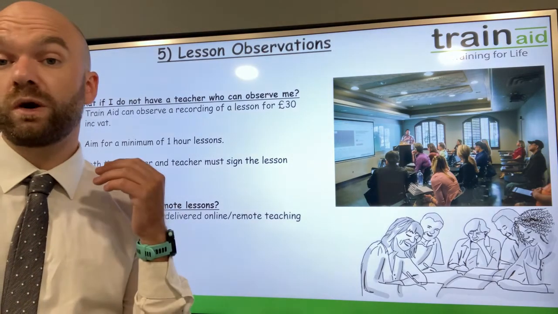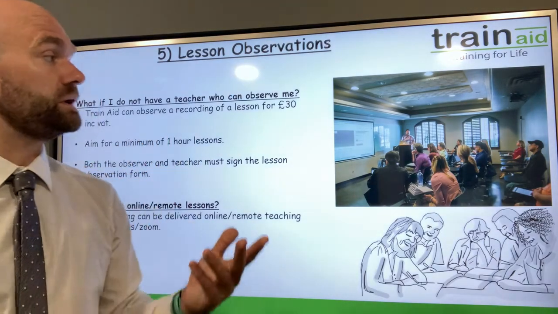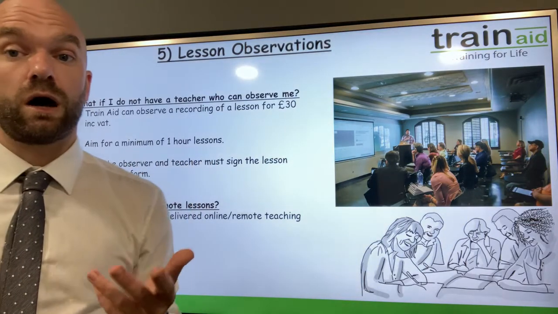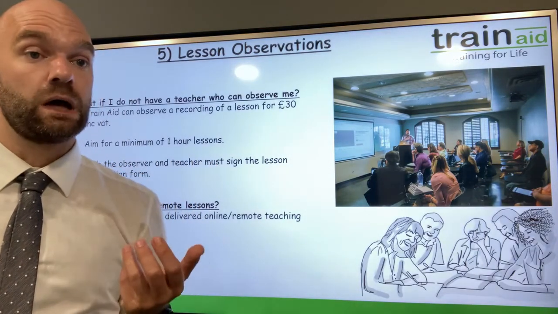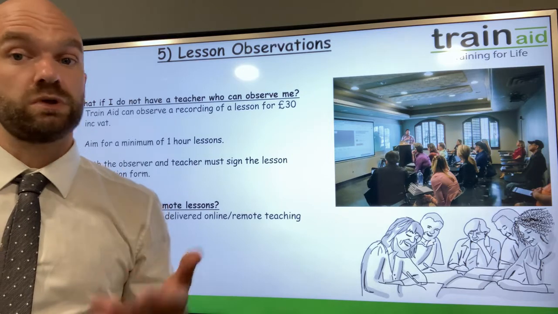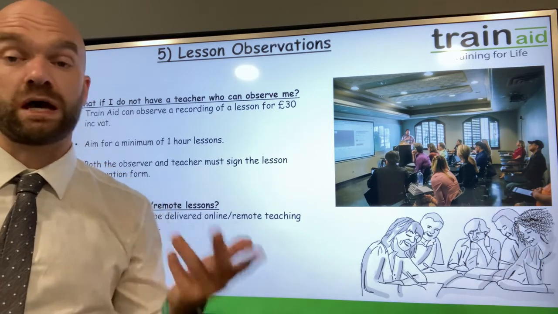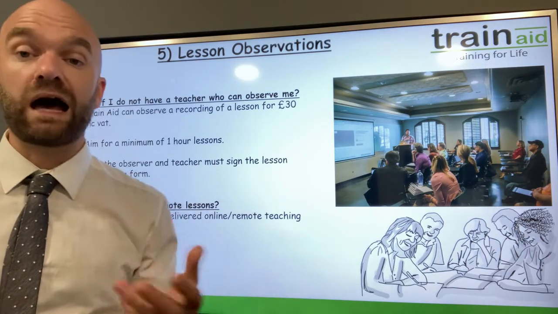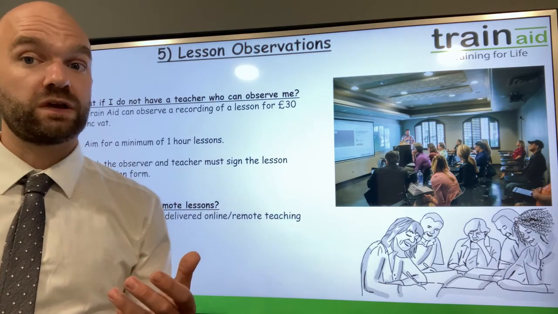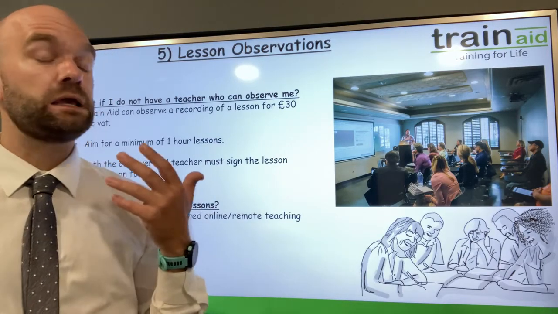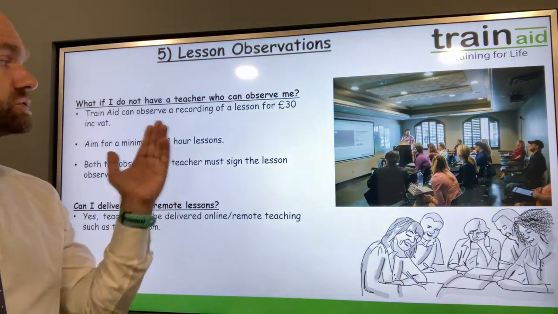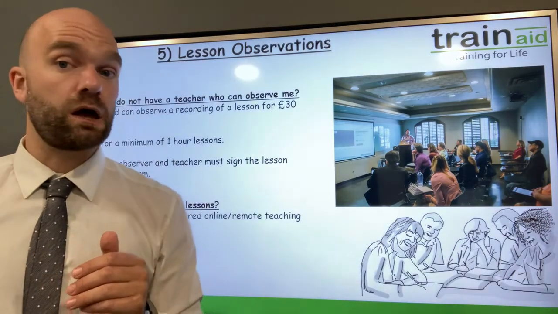Furthermore, a common question is what should happen if I don't know of a teacher, a fellow colleague, who can observe me due to time pressures or perhaps doesn't have a Level 4 teaching qualification? Well, TrainAid here at the HQ, we can of course observe a recording of a lesson.